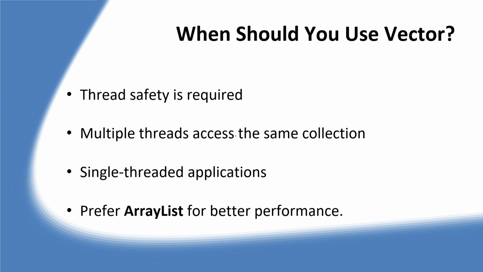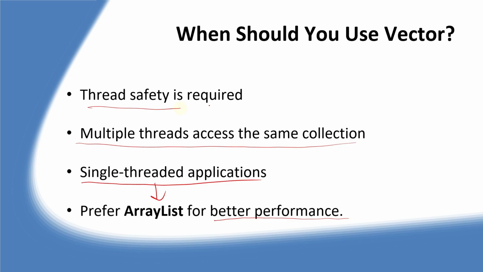Why? Because there will be no thread communication and no thread safety is required, so it will give us better performance. And if multiple threads are there on the same collection and thread safety is required, in that case we should go for Vector.